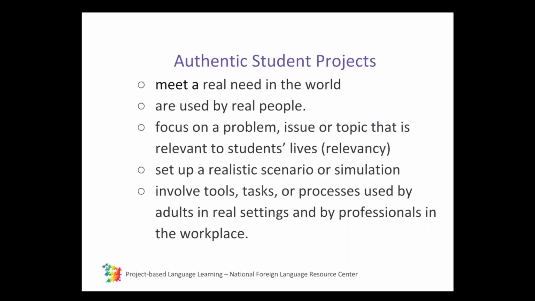They'd focus on a problem or issue or topic that's relevant to students' lives, or on an issue that is actually being faced by adults in the world that students will be entering. An authentic project could set up a scenario or a simulation that's realistic, even if it is fictitious. Authentic projects involve tools, tasks, or processes used by adults in real settings and by professionals in the workplace. Keep these criteria in mind as we begin to view various projects that are enhanced by the product square.